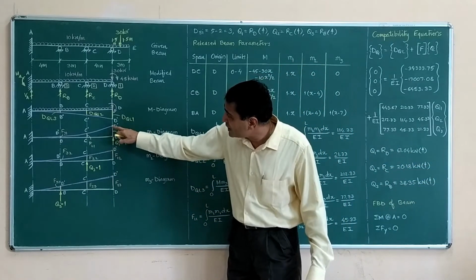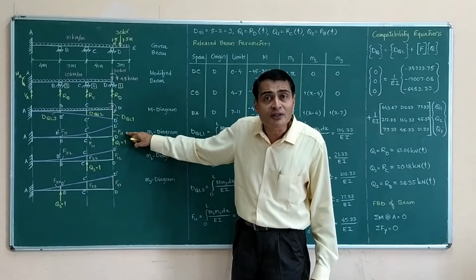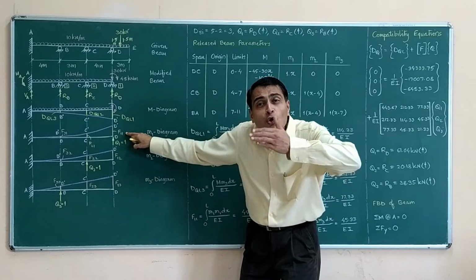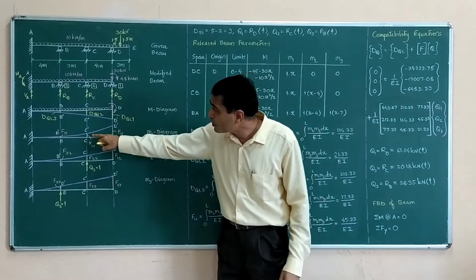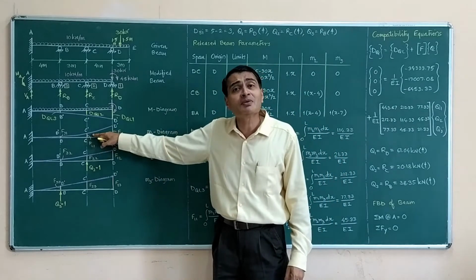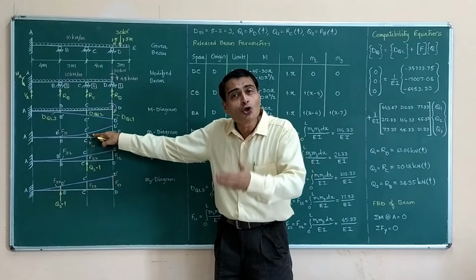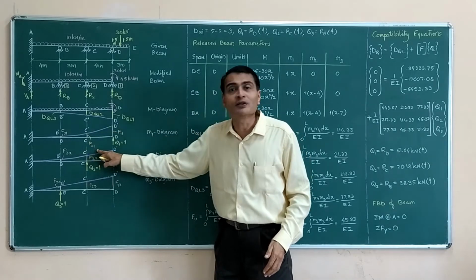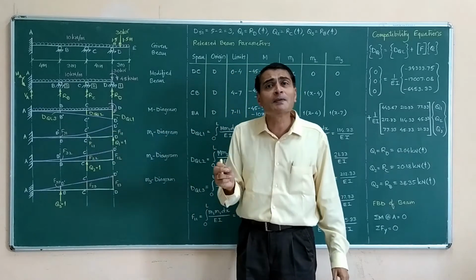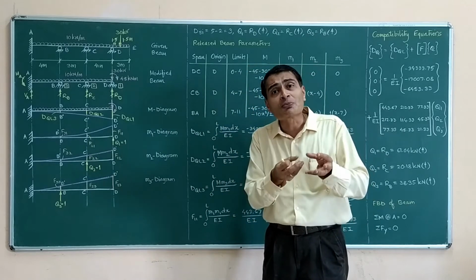Observe this displacement DD prime. It is displacement at 1 due to unit load at 1, so it is F11. Observe this CC prime deflection. It is deflection at 2 due to unit load at 1. So it is F21. The first subscript is always location of displacement, that is consequence.